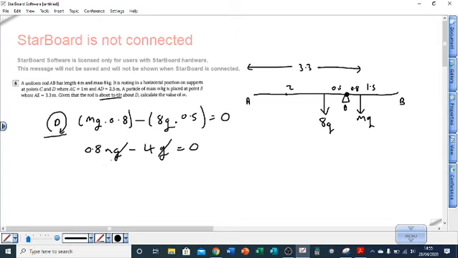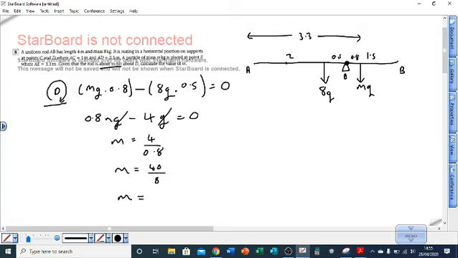Divide through by g, rearrange, and you get m is equal to 4 divided by 0.8. So m is equal to, I can't be bothered to get the calculator, 40 divided by 8, and therefore m is equal to 5, and the units for mass will be kilograms. Okay, so that's the answer for that.